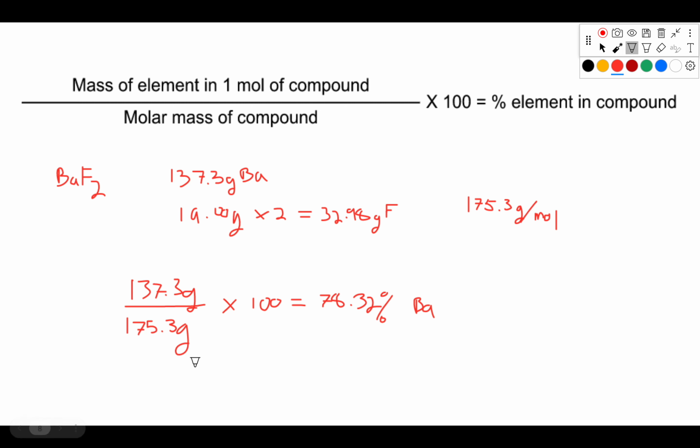And then you can repeat the process again using the mass that we solved for of how many grams of fluorine, which I must have made a mistake calculating up here because it should come out at 37.98 grams, and then we're going to divide that by the molar mass and multiply it by 100.